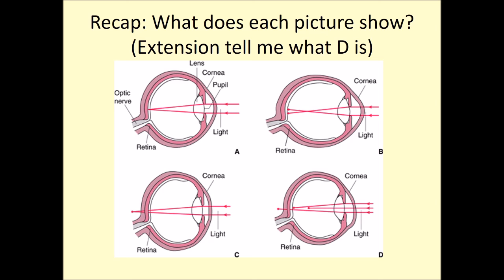Let's look at B. In B, we've got a long lens, a long eye, and the light is refracting too much, so it essentially focuses before the retina. So this person has myopia. They've got short-sightedness. The one at the bottom, we've got a shorter eye with the refraction not being enough.